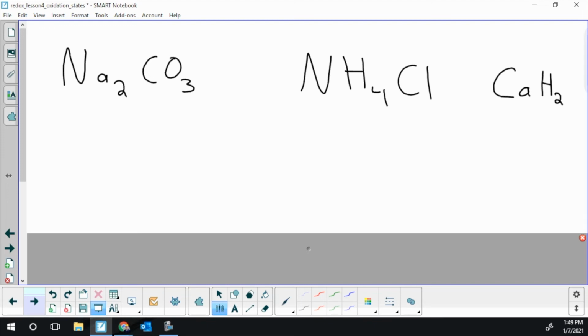Okay. So we've got sodium carbonate. In our heads, we kind of have to think of this as sodium plus and CO3 2 minus. Okay? You don't have to actually write it out separate, but you have to realize sodium carbonate is ionic. We've got 2 ions, a cation and an anion, and that helps us realize that that sodium is plus 1.